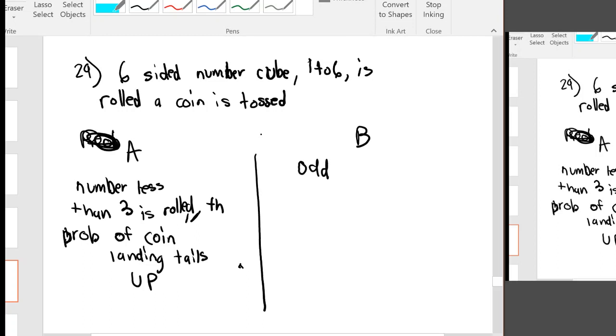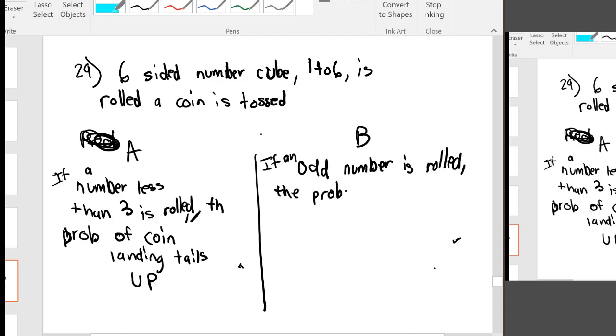Odd, if an odd number is rolled, the probability of the coin landing heads up.